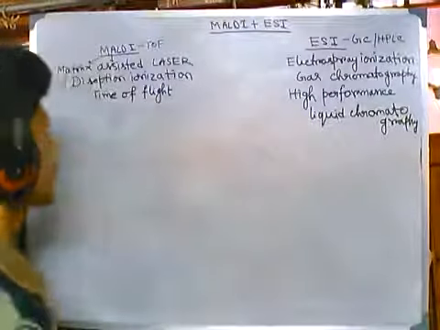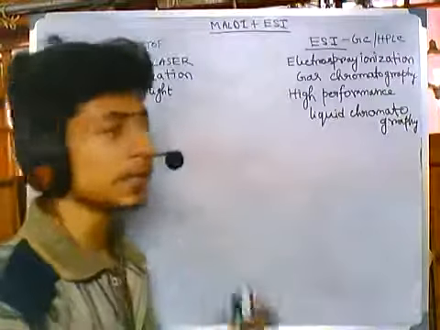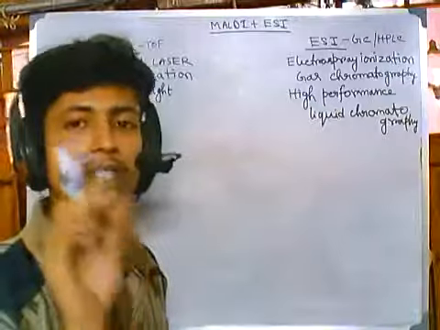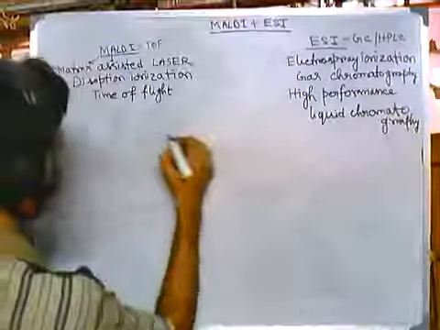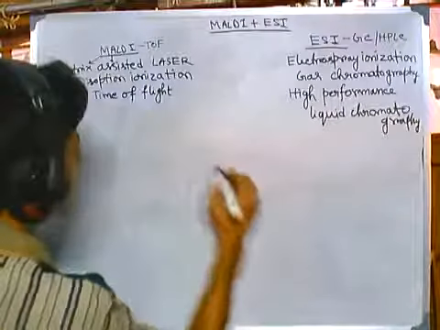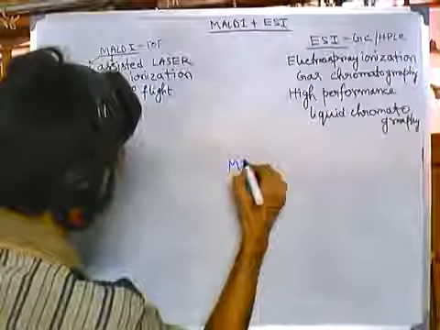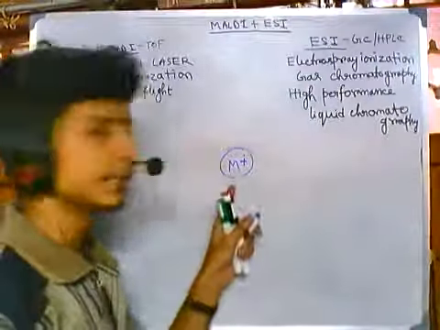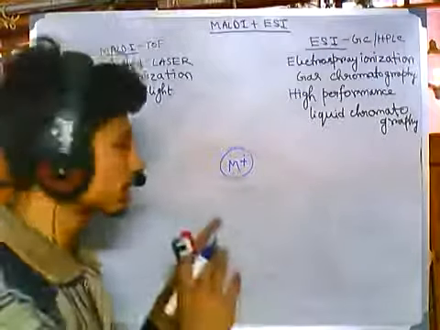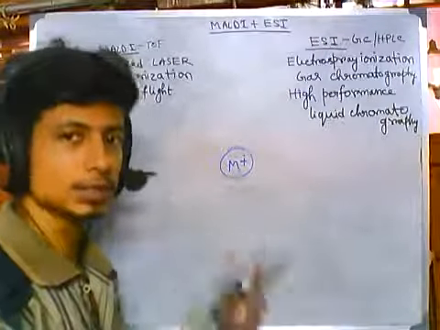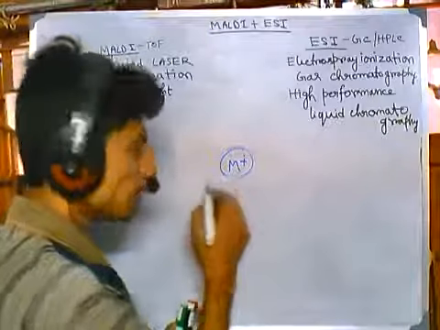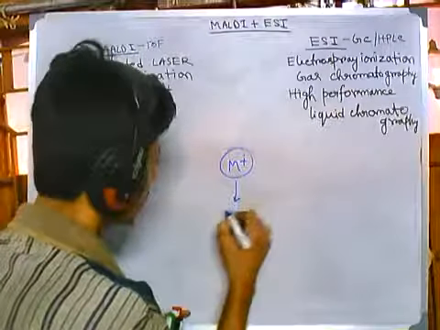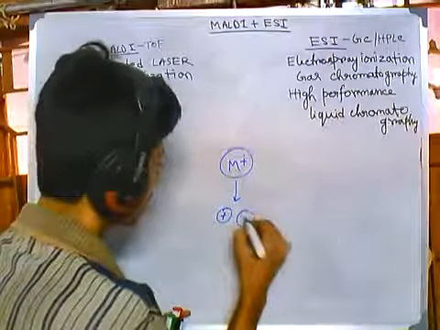Now let's look at the procedure. The major thing I have discussed remains the same, but the difference is the generation of the molecular ion, because both processes require this. This is the molecular ion, and to generate this, all the instruments are set up, because when we get this part, it will further fragment into something like that.